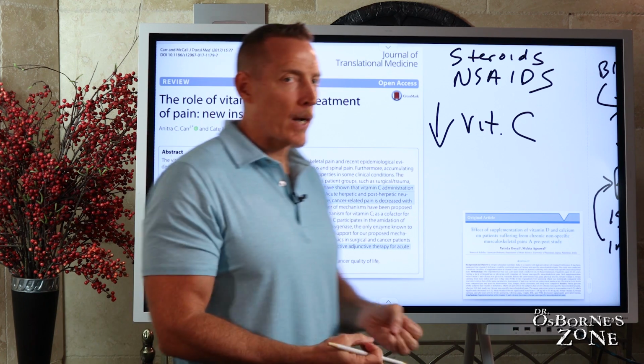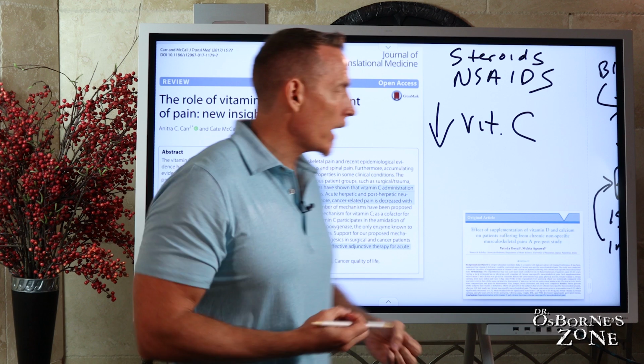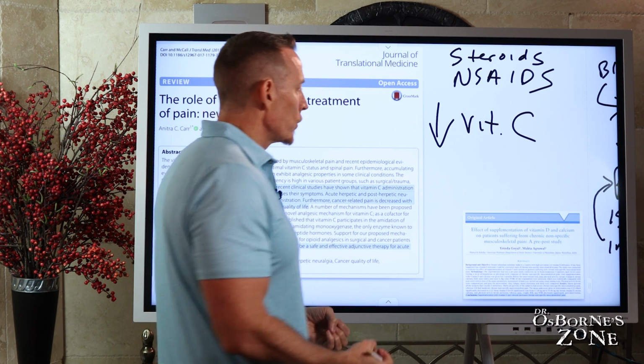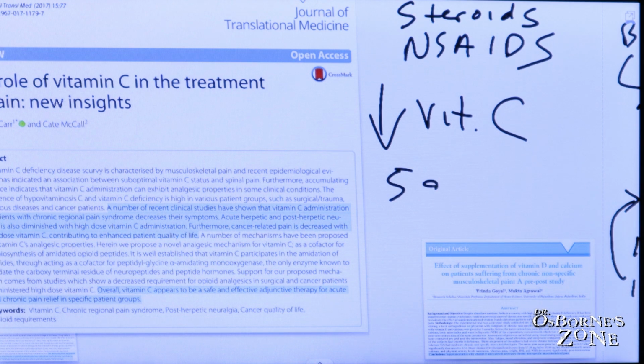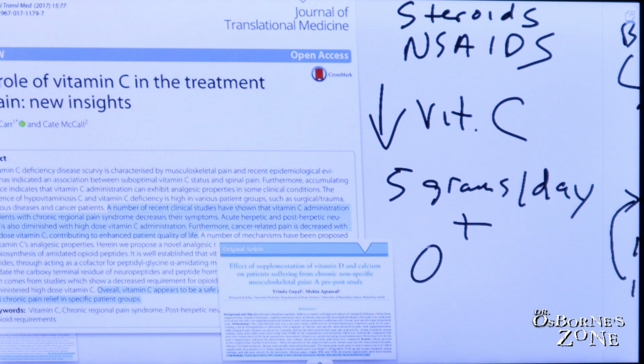As a matter of fact, in my practice, vitamin C is one of my favorite things to use at high doses for people that struggle with chronic pain. 5 grams or more per day is where I generally start people who are in chronic pain. We also add to this combo quercetin, generally 2 to 4 grams per day.